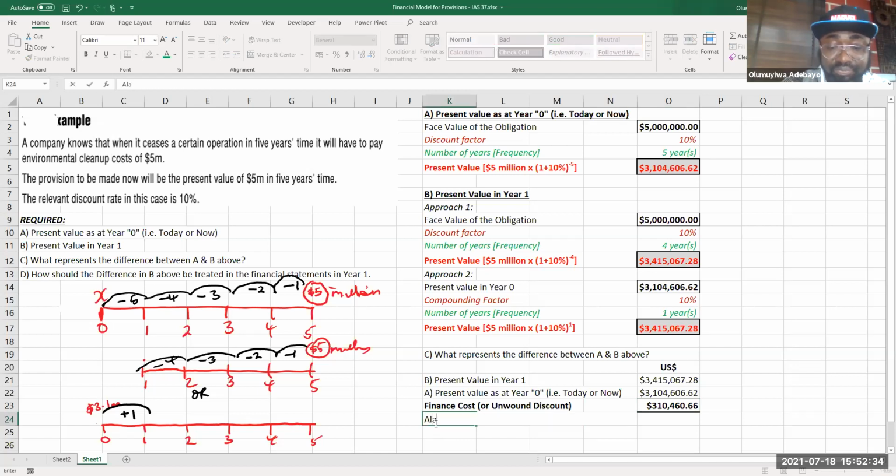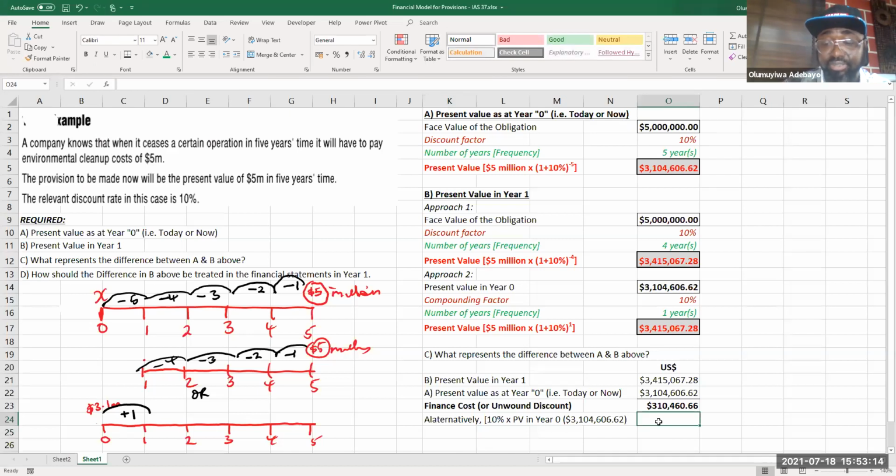And this 310, alternatively, can be obtained as the discount rate of 10% on the present value in year 0. What is that? 3,104,606.62.